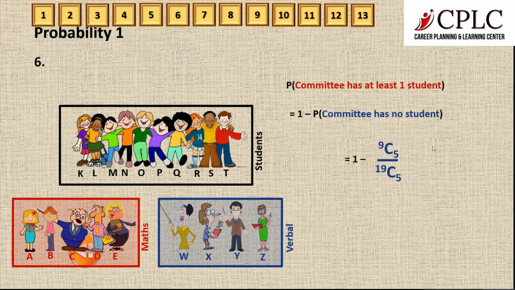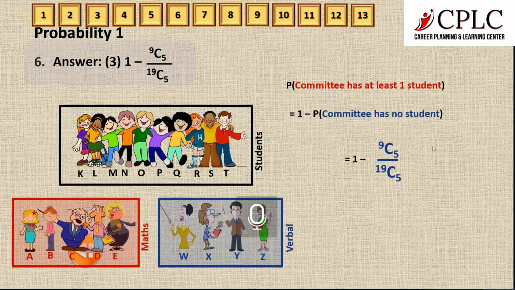Committee having no student means we are just considering math and verbal for the 5 places. So it is going to be 9C5 upon 19C5. And to get the answer, it is going to be 1 minus 9C5 upon 19C5. Hence option 3 is the answer.